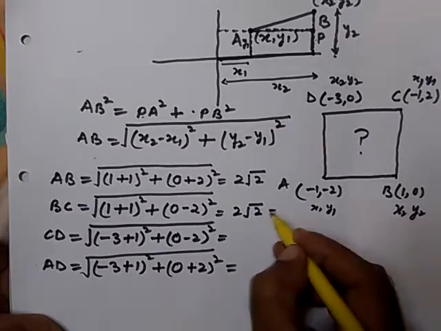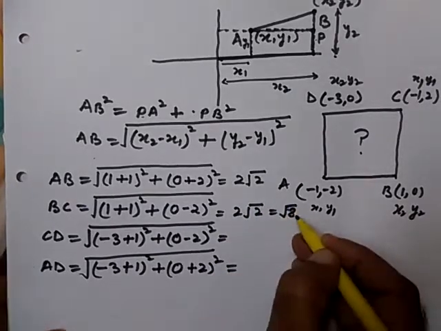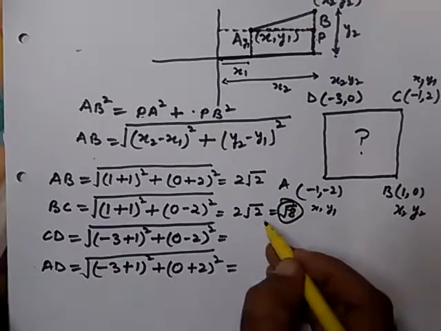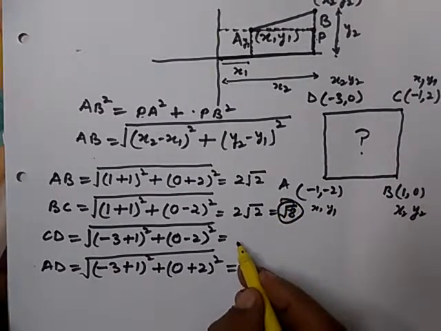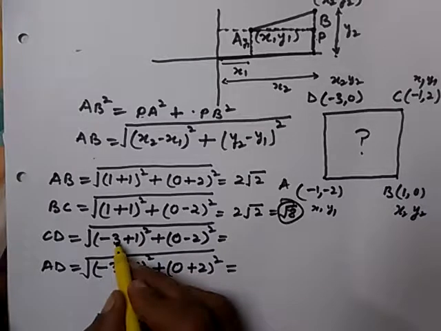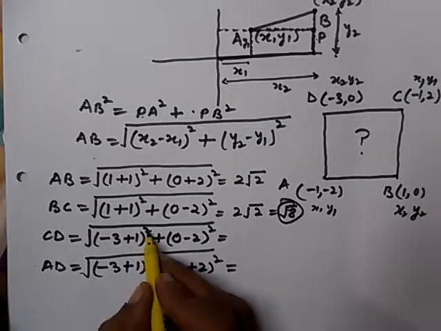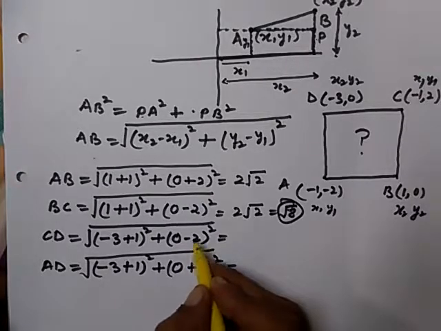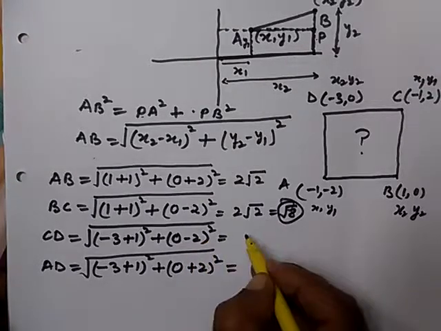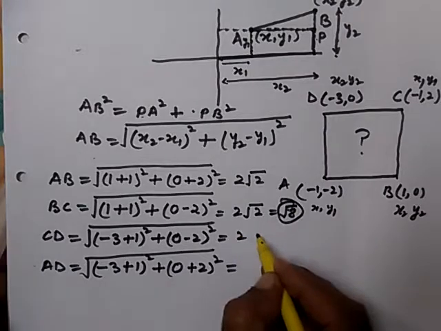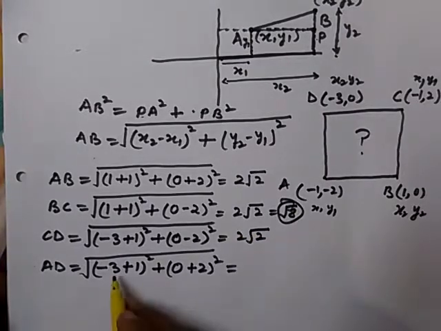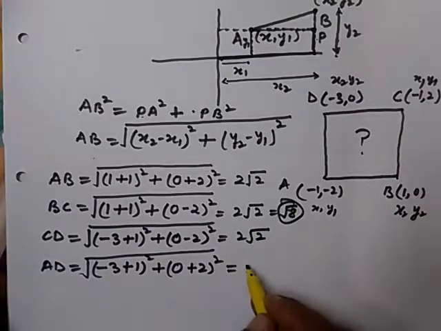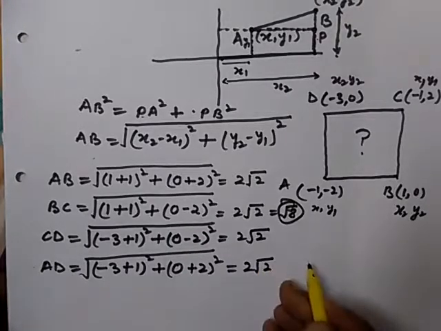For CD, minus 3 plus 1 is minus 2. Minus 2 square is 4, plus 0 minus 2 is minus 2, minus 2 square is 4. 4 plus 4 under root 8. This is again 2 under root 2. And here again it is 2 under root 2.